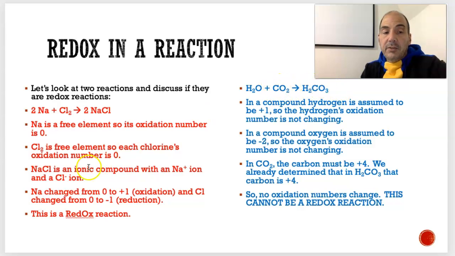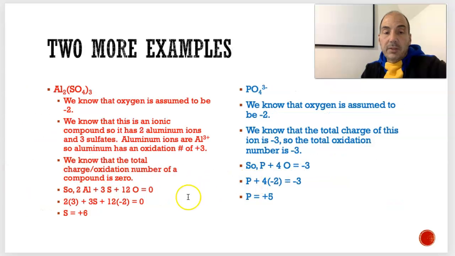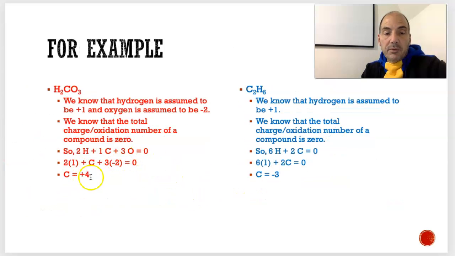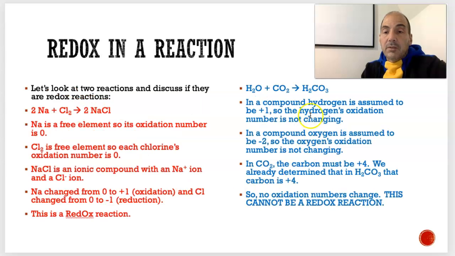And we just did H2CO3 a moment ago and said that in H2CO3, the carbon is +4. So it went from +4 to +4. It didn't change. Nothing changed. So no electrons are being exchanged. This one is not a redox reaction. That is an important thing that you need to be able to figure out, whether a reaction is redox or is not redox.